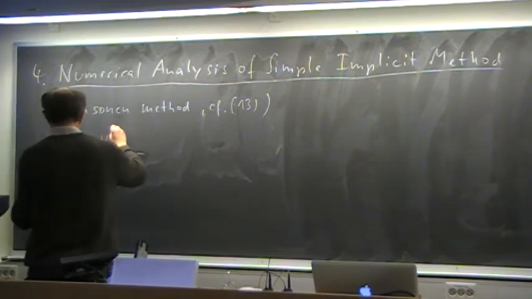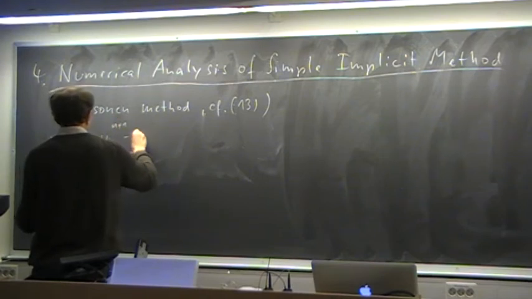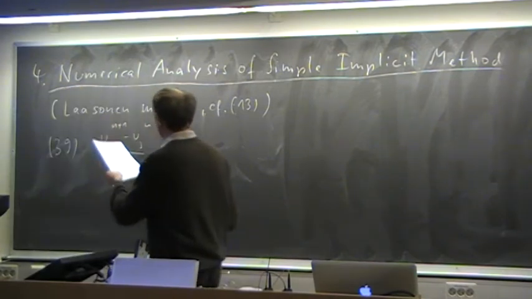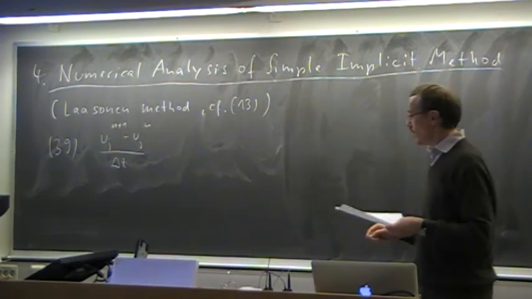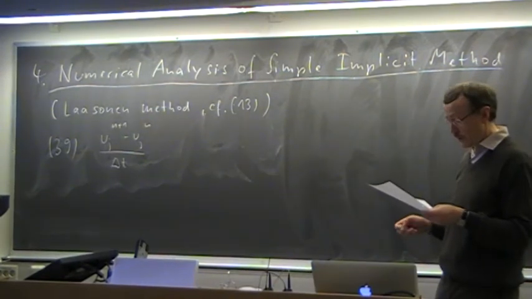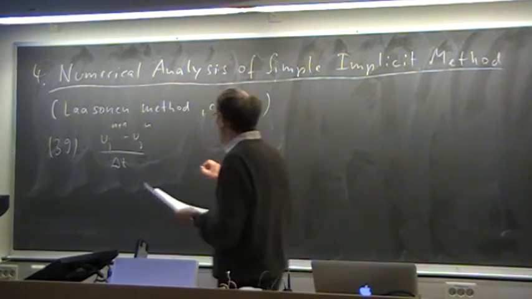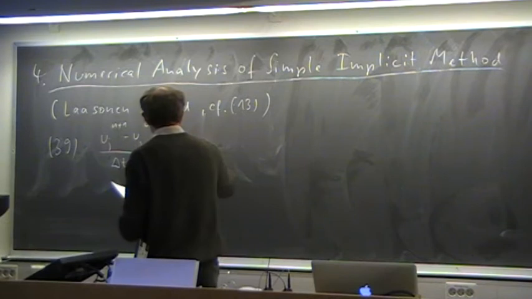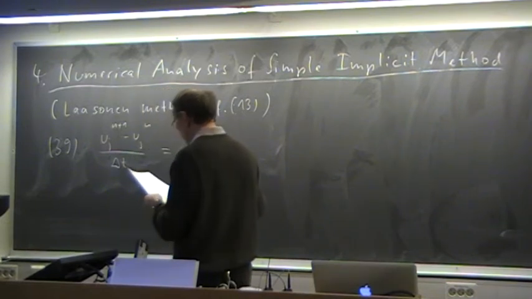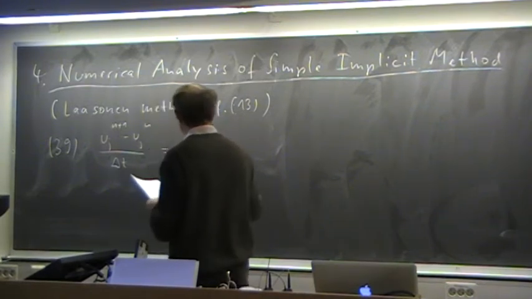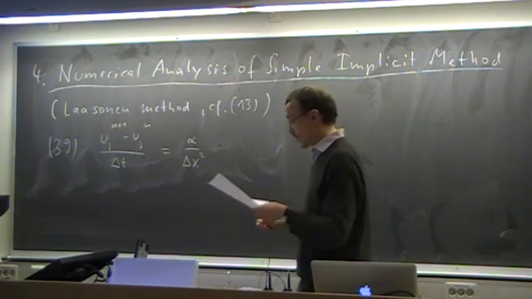We have the discretization of the time derivative in the usual way. The new time level minus the one at the old time level divided by the time step, which approximates the du dt. And on the right hand side, we have the discretization of alpha times the second derivative of u with respect to x.